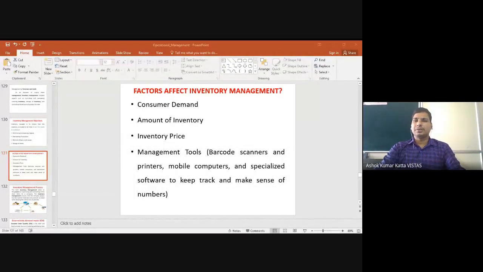Because being an inventory manager, while you are doing your businesses, you need to take assistance of certain other resources. So what is the use of these other resources? By having these other resources, your work will be very easy, because we have, what we say, barcodes and scanners.